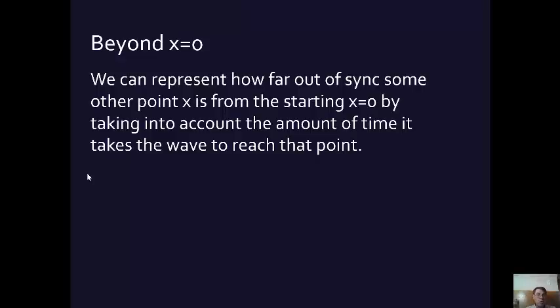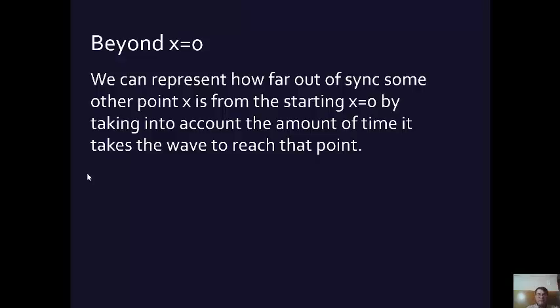The medium, like the rope or the wire or the spring, is what's going to determine the velocity. And so we can see how far out of sync any x is from x equals 0 by taking into account the amount of time it takes for the boing to reach that spot.